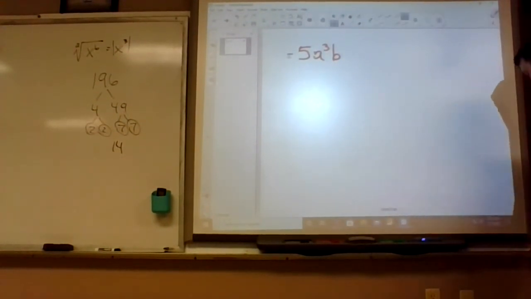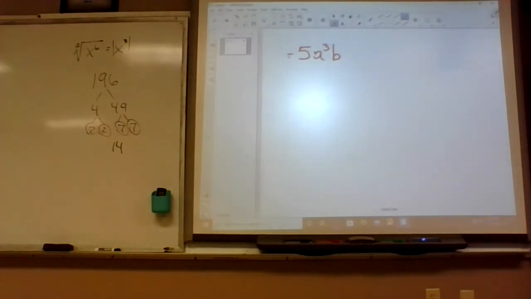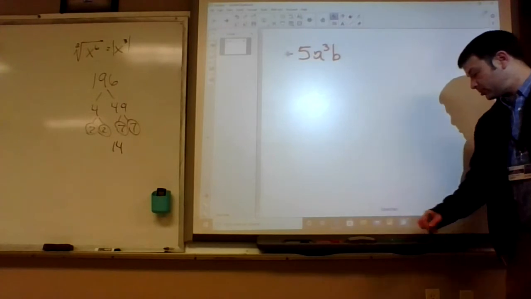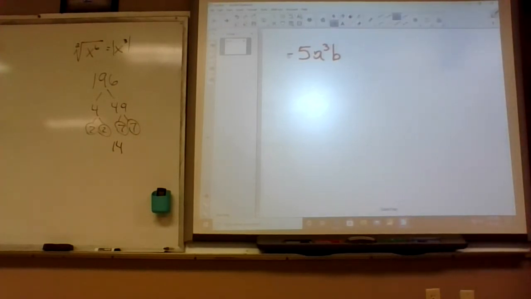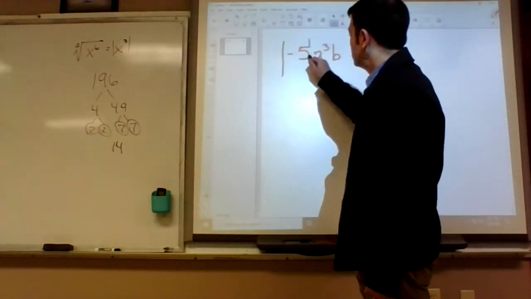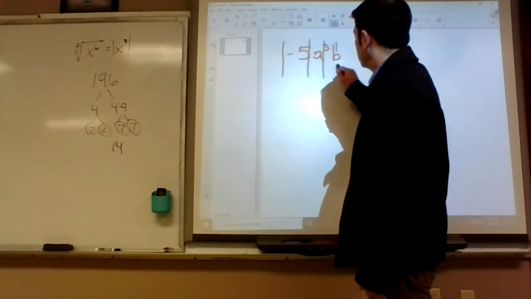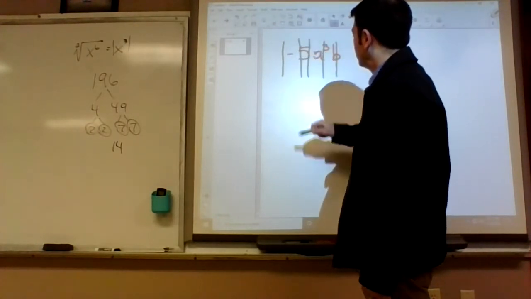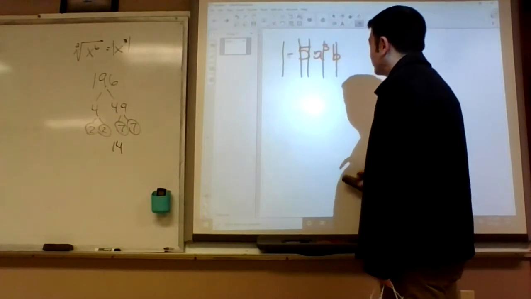That is a standard. Let me try this and see if this does magic. Come on, baby. I think it worked. I don't know. We'll see. Do a horizontal line.